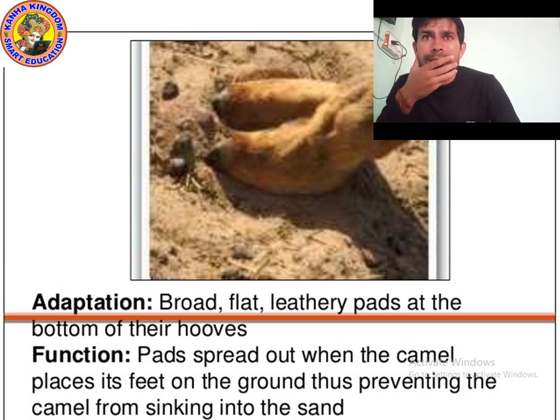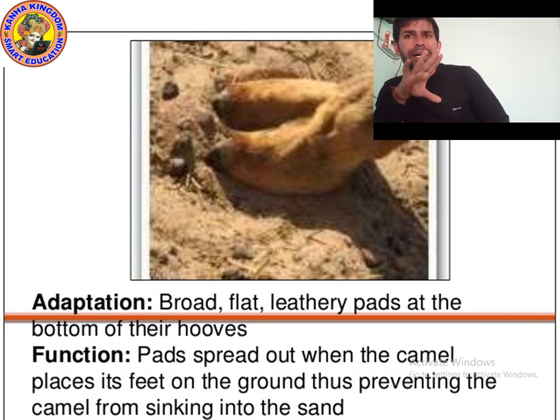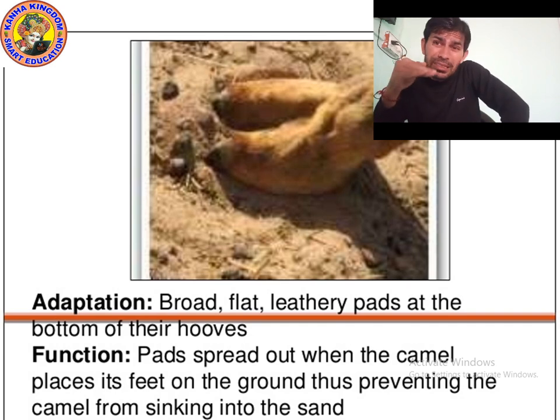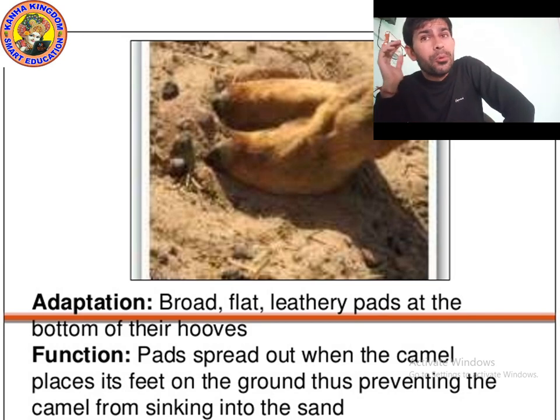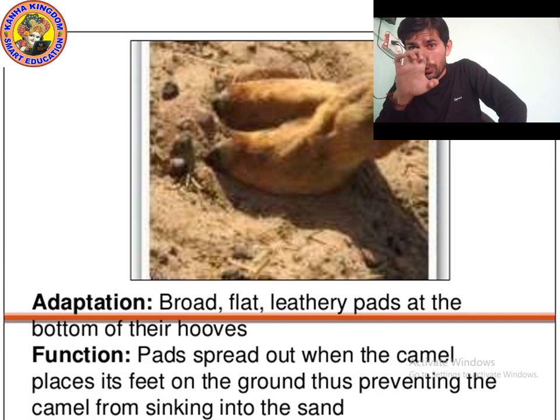So you know, kids, they have a broad flat leathery pad. Their feet are leathery, meaning the bottom of the feet have a leathery pad. They have a broad flat leathery pad at the bottom of their hooves.